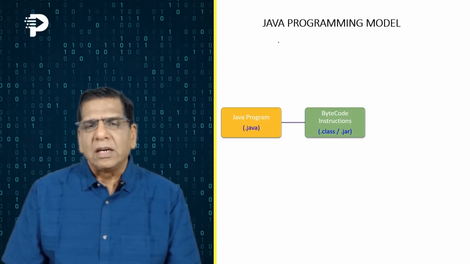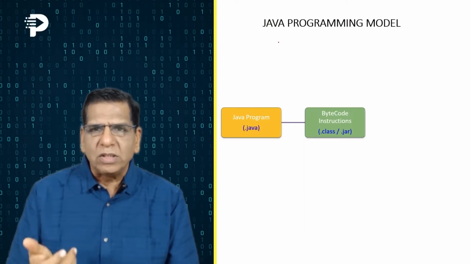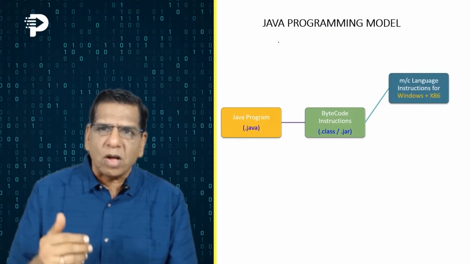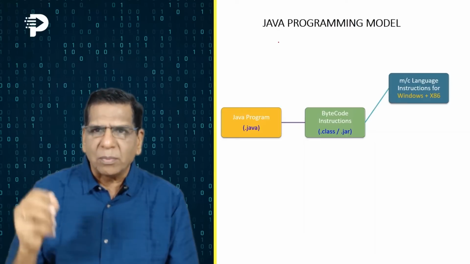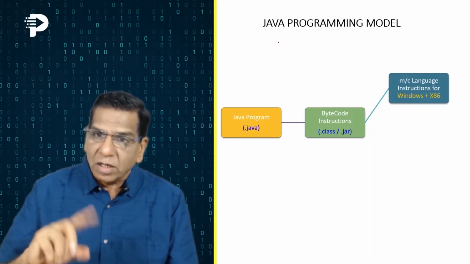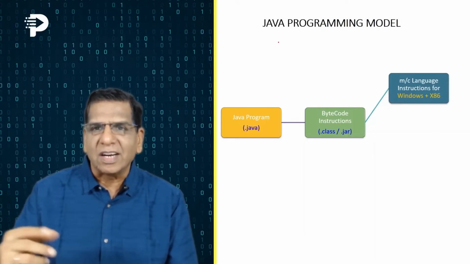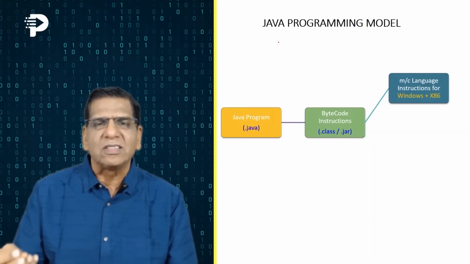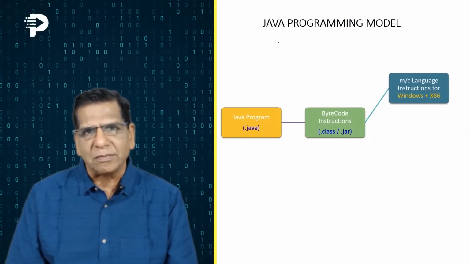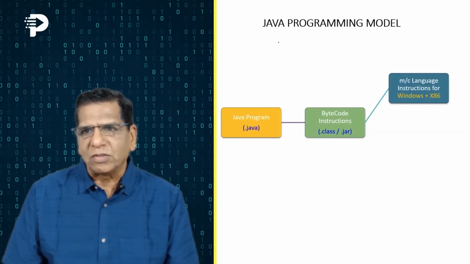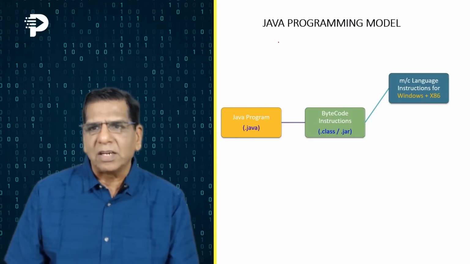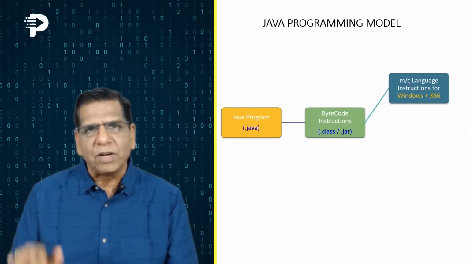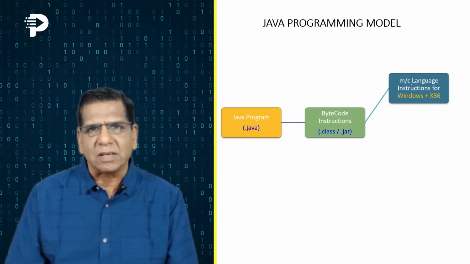And then when these bytecode instructions have been created, they would on the fly be executed on the platform. During that execution, the conversion from bytecode instructions into machine language instructions will be done. So bytecode instructions once created can be executed after having converted them into machine language instructions for the Windows x86 combination.